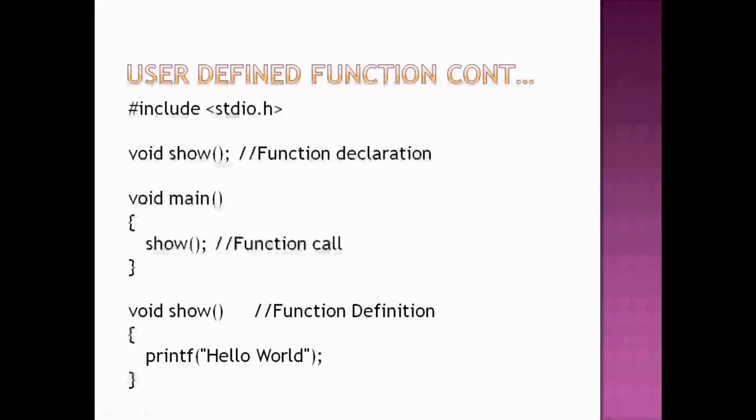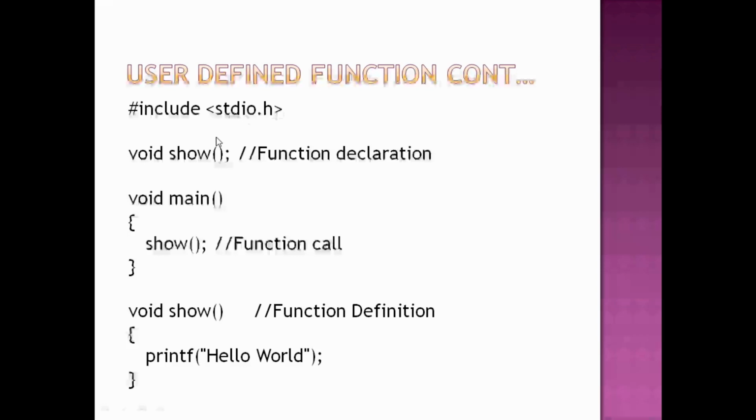The job of this function is to show something. Here we have just declared it, we have told the compiler that there is a function which will come later, and that function will be written somewhere. Clear? So this is called a function declaration or function prototype. Please remember, it's called a function declaration or function prototype.